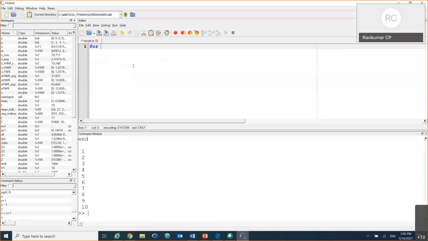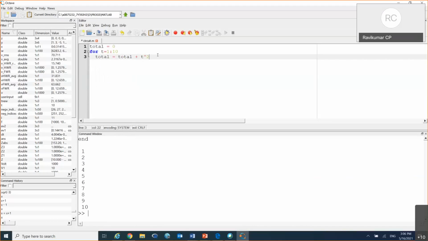Just out of curiosity, suppose I take n equal to, let us say, 10, and I say for t equal to 1 to 10, suppose I calculate t square, and let us say I sum it to some total. Here I may have initialized total to 0.